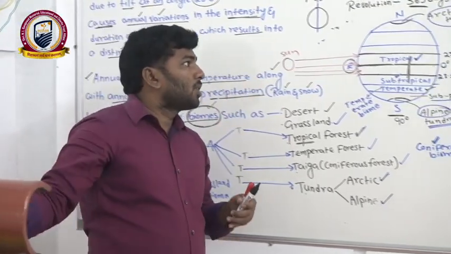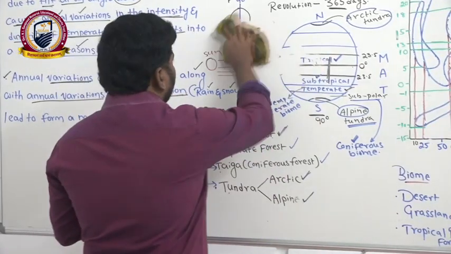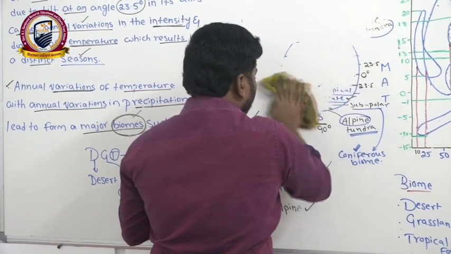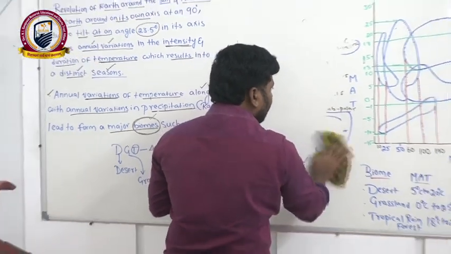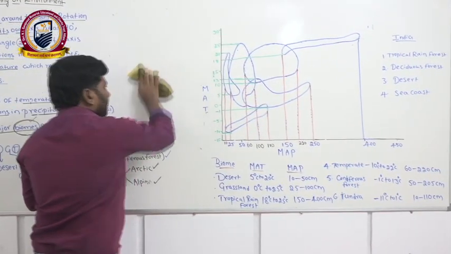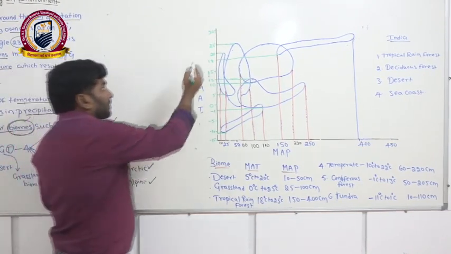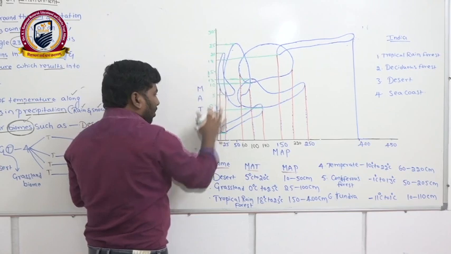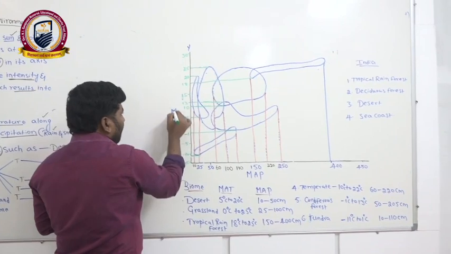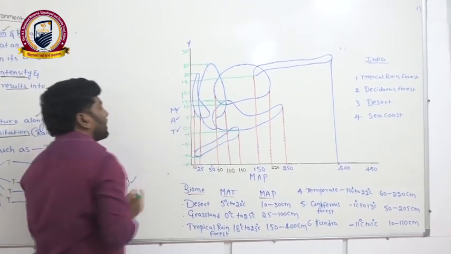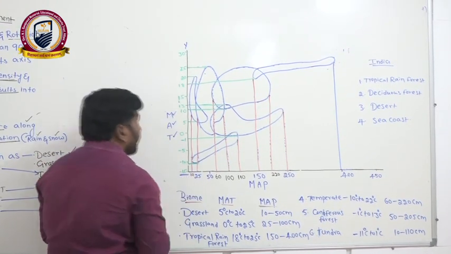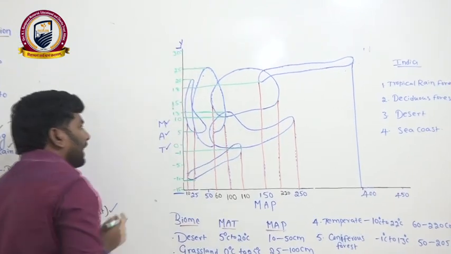Now we will move to the chart which is given in our NCERT book about the biomes. We will discuss this clearly now. Right. Now you can see here, in the graph, on the y-axis we have taken mean annual temperature, from minus 15 degrees to 30 degrees centigrade.